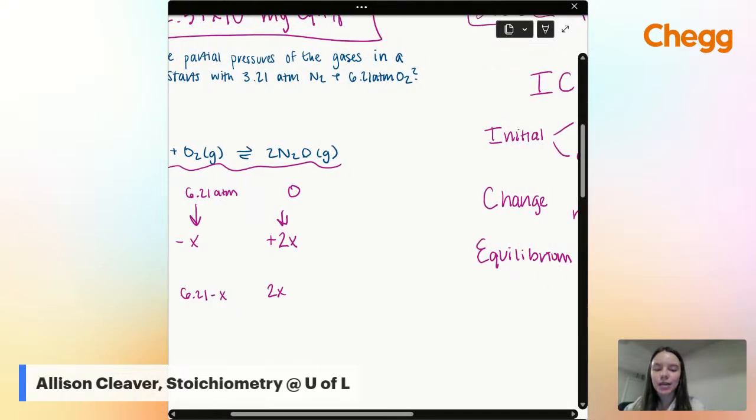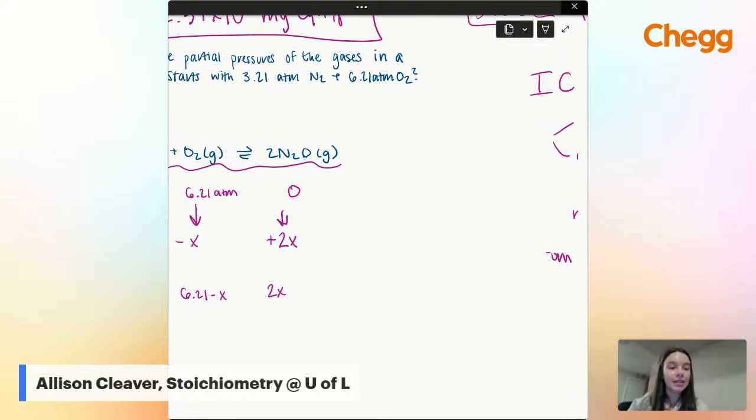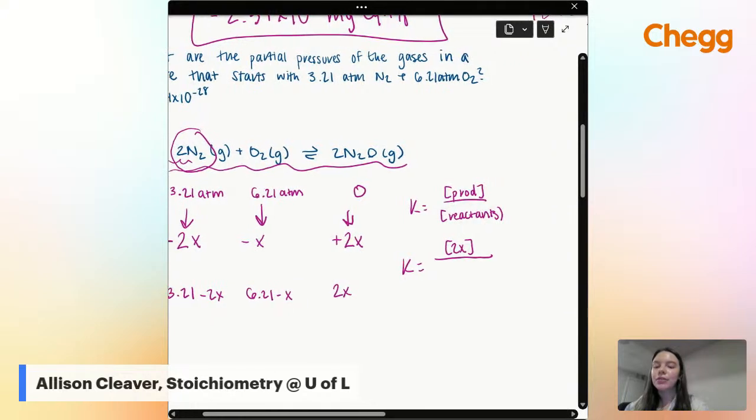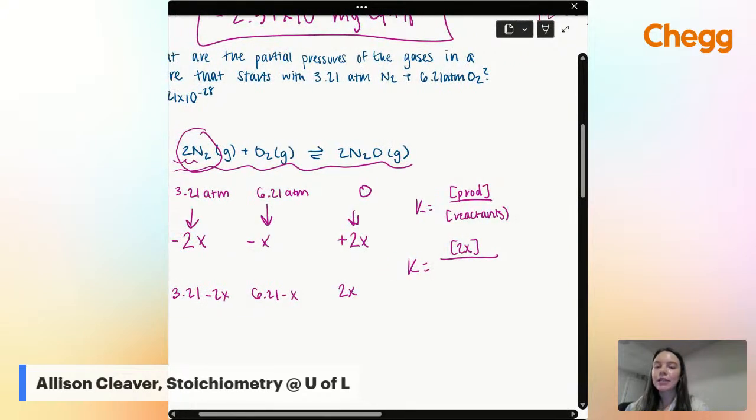Okay, now we talked about this briefly. I'm going to erase this so we have enough space. K is products over reactants. So for writing out K, we can do K equals 2x over 3.21 minus 2x. Oh, I almost forgot something.